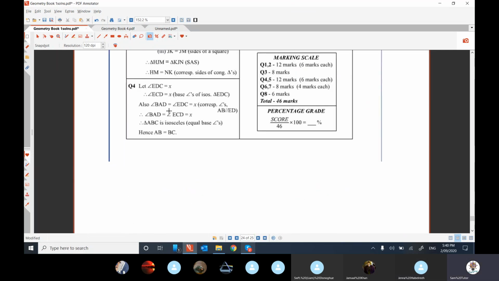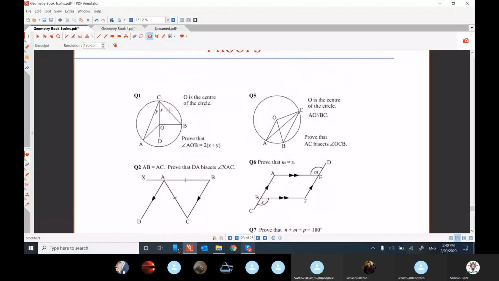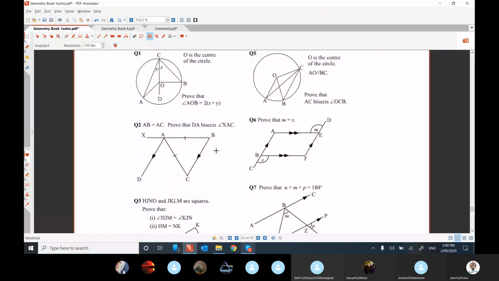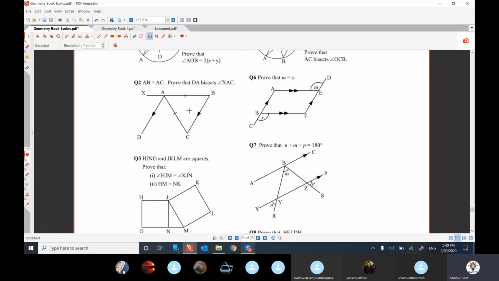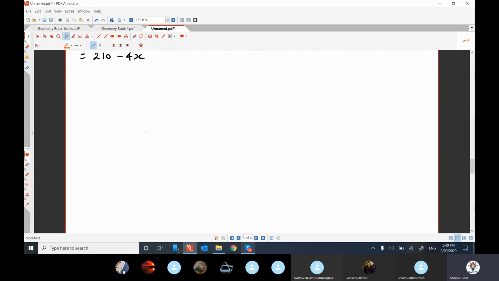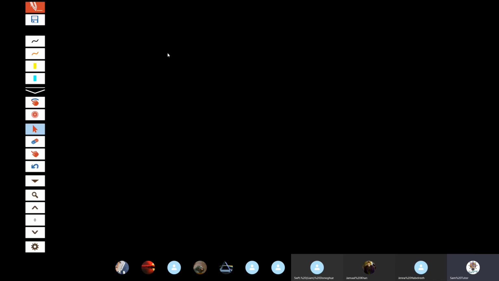Hold on. Okay. I'm just going to use the diagram of this. I'll write the numbers. Similar thinking.